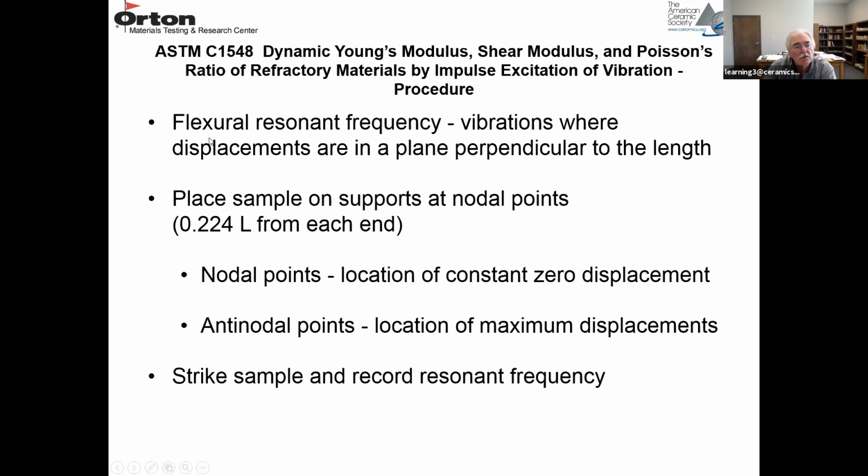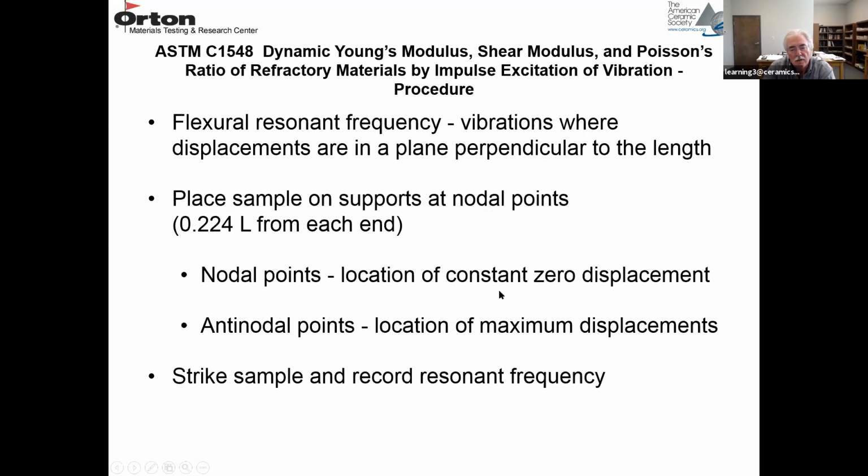So if you want to generate a flexural resonant frequency, that's where the displacements of the vibrations are in a plane perpendicular to the length of the sample. In that mode, you have nodal points that are 0.224 times the length from each end of the sample, where the vibration has zero displacement.